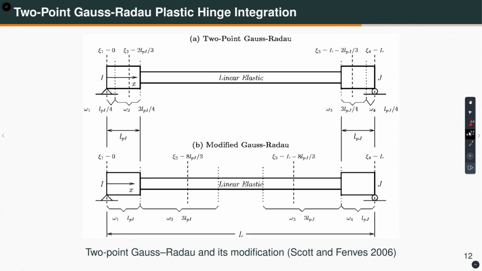So, now if I use a 2-point Gauss-Radau, which is exact for linear behavior, my first integration point is at 0, right. The second integration point is at 2 LPI by 3, where I am treating from here to here as my element length. So, if I take only this much length and treat it as the entire element and use the 2-point Gauss-Radau, one integration point is here, the other is there, and the weights are LPI by 4 and 3 LPI by 4.